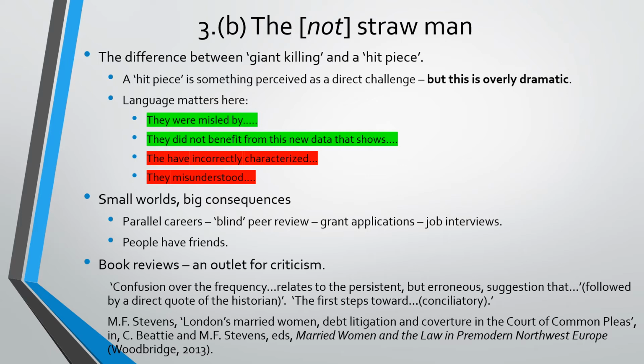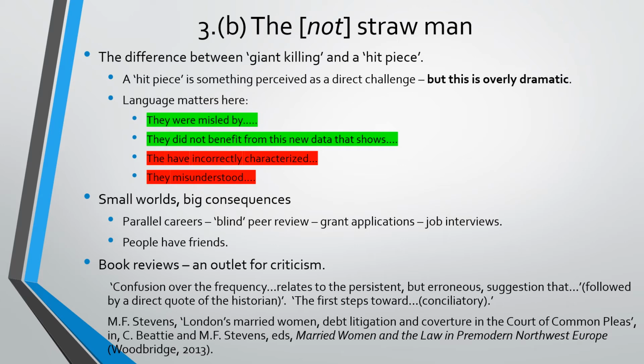Just to put my money where my mouth is here, I give you an example of a piece that I've written that challenged directly another academic who's working now. These are some quotes from my article here on London's married women in debt litigation.